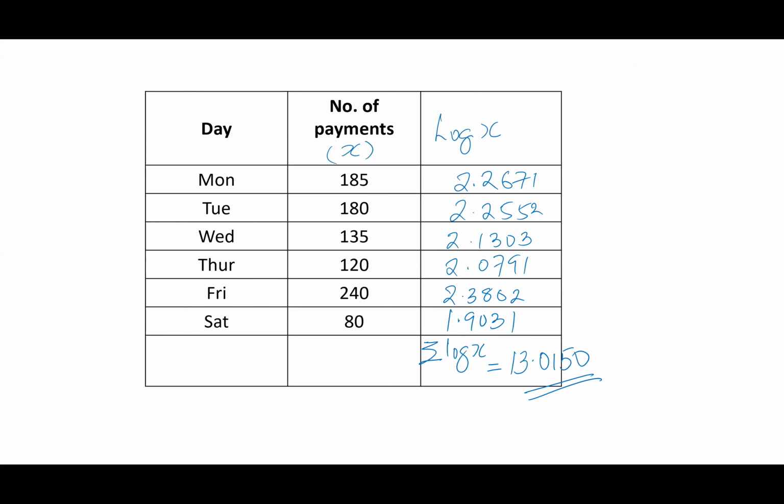So that is our X. Then, using your calculator, you would derive the log of X, pressing the log on the calculator and the number. So we have 2.2671 for Monday, 2.2552 for Tuesday, Wednesday 2.1303, Thursday 2.0791, Friday we have 2.3802, Saturday we have 1.9031, giving us the summation of log x as 13.0150.